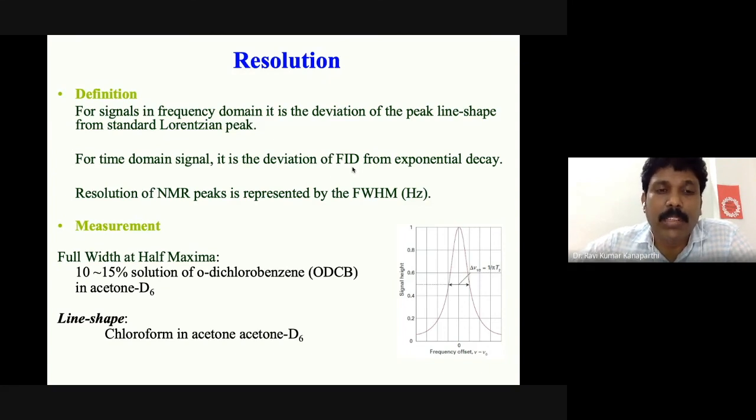So typically this is how we measure, and when an instrument is supplied, they will claim, okay, my instrument has this much resolution, so NMR signals with a resolution of 0.1 hertz or 0.5 hertz or 0.75 hertz I can measure. Okay, so smaller is always better. A smaller number is always better.